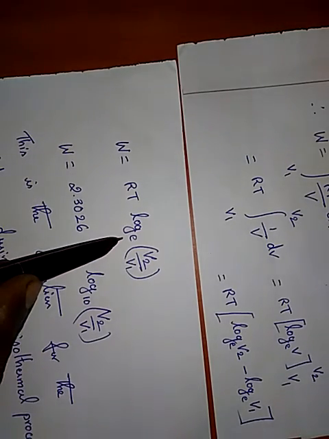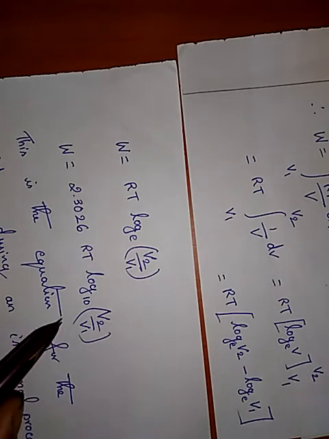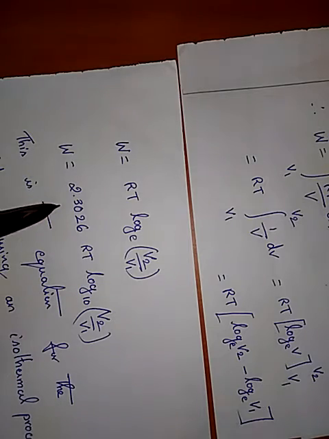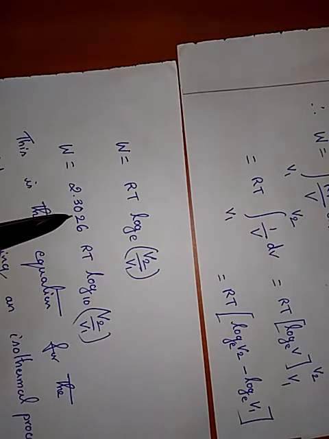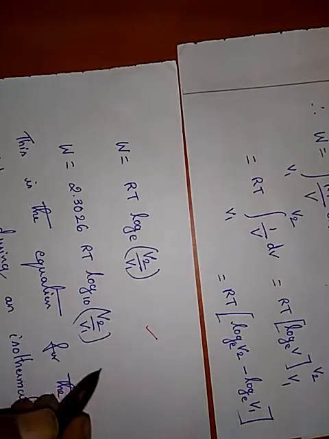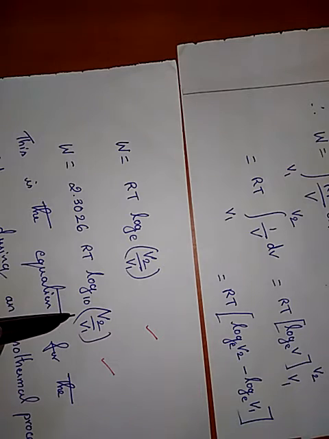So this is base e. If you want to convert to base 10 common logarithm, then you have to multiply by 2.3026. See, both the answers are correct, but this is base e, here it is base 10.